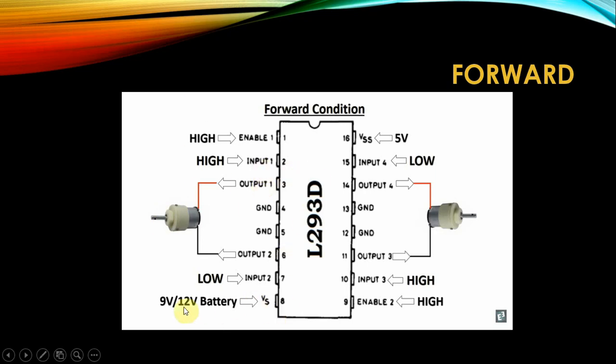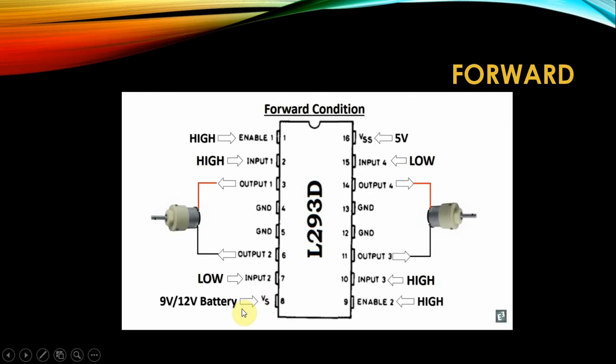And usually servo motors require high power. It can't work on 5 volt. It requires somewhat higher power, about 9 volt to 12 volts. So that's why we are providing a pin here. It can provide a source of 9 volt or 12 volt.